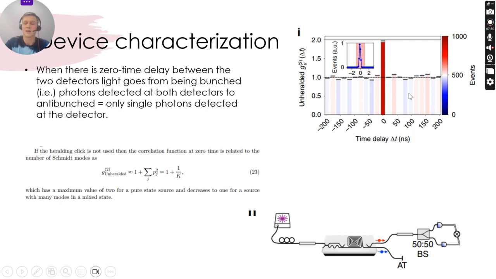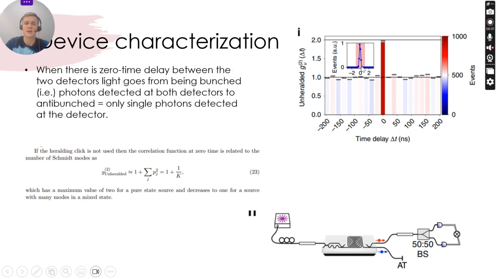And so what this graph is saying is that when you have a 0 time delay between this arm and this arm of this 50-50 beam splitter, you'll only ever see detections at one of these two SNSPDs. And this means that you're basically always producing single photons, as opposed to here, when there's a time delay between these two, where you will see two photons at one time on these two detectors.